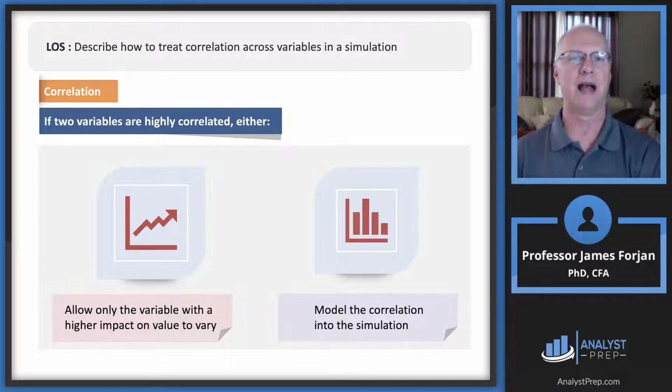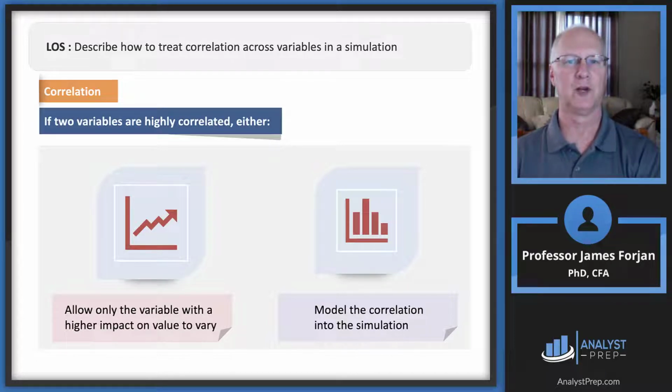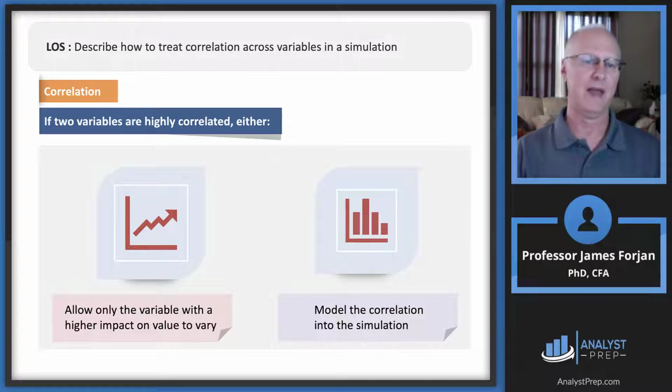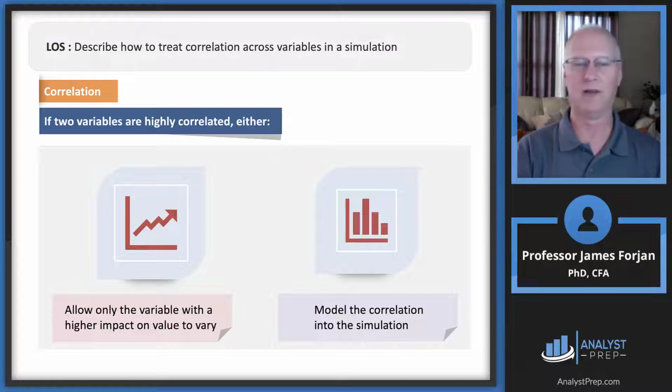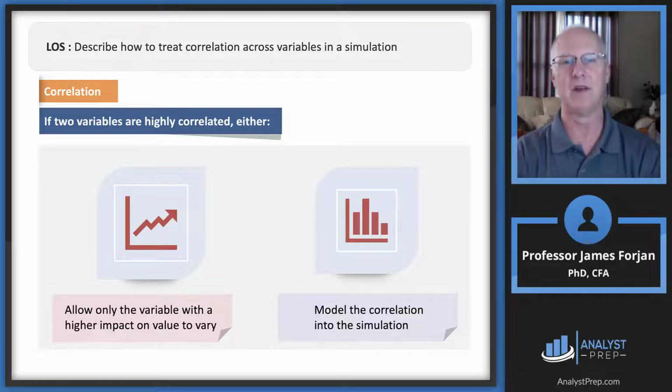Here's this exact LOS. Describe how to treat correlation across variables. All right, so first of all, you have to determine whether there's correlation or not. And that really brings in the specter of what does highly correlated variables mean? Is it 0.99? Clearly that's highly correlated. Is it 0.9? Is it 0.85? Is it 0.8? Is it 0.7?